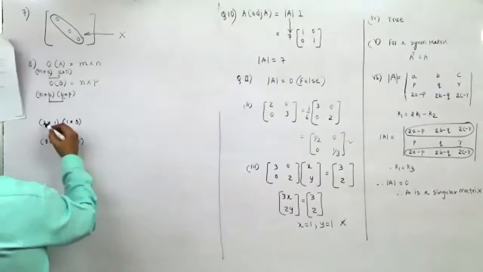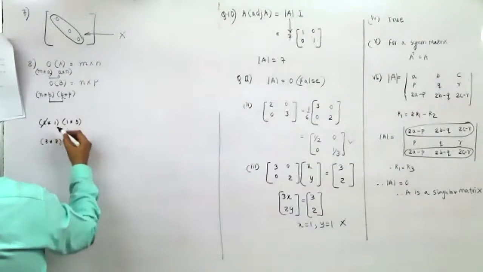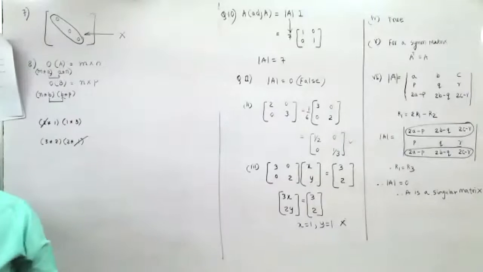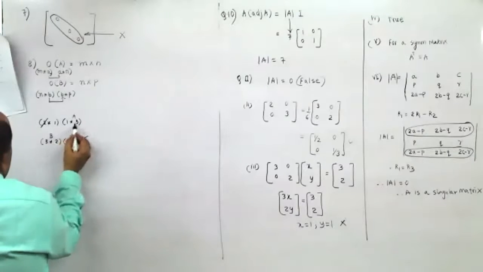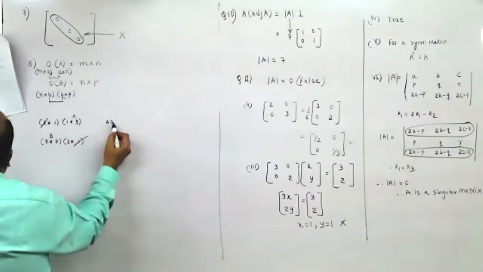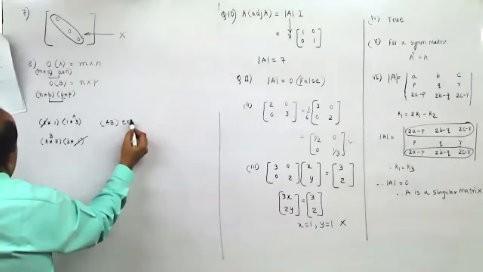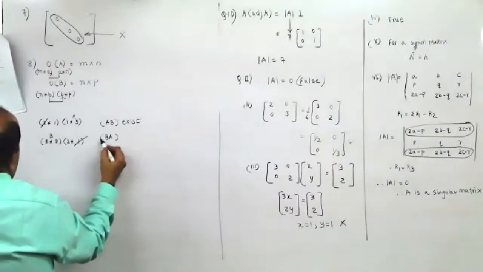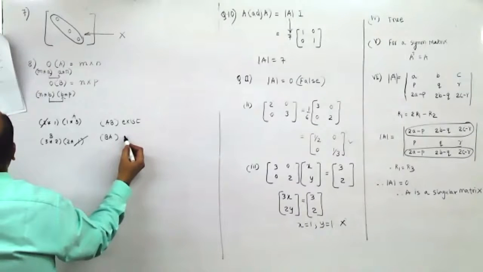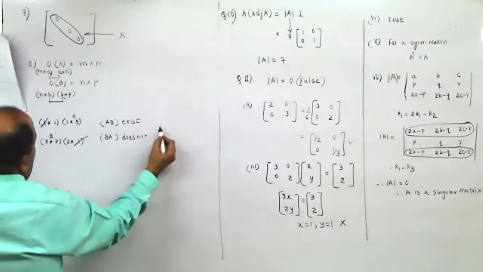In that case, M is not equal to P. Then this A matrix into B matrix would exist. AB exists. And when I take B into A, it won't exist. False. Is it false?